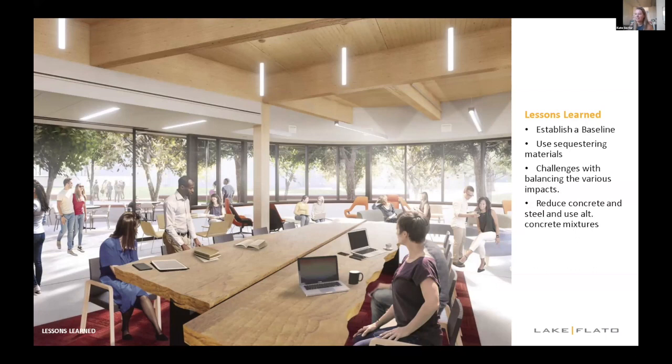There were some interesting challenges in the end when it came to balancing the different materials, because one of the things we noticed was that the more timber we included, sometimes that ends up raising your eutrophication potential. So although you might make one big design move, there also has to be a balance, and that's why it's important to do a whole building LCA and look at it more holistically.